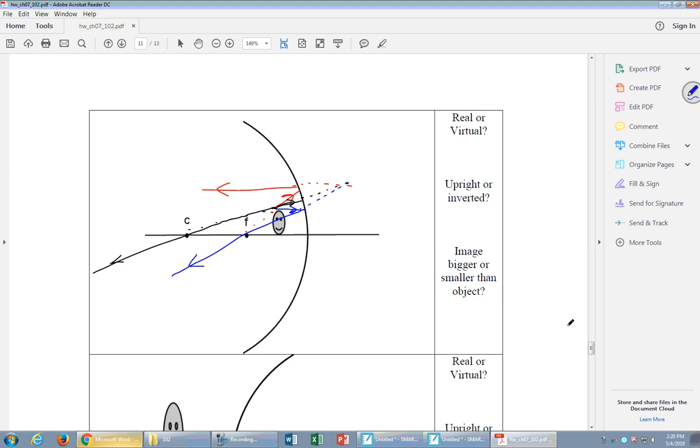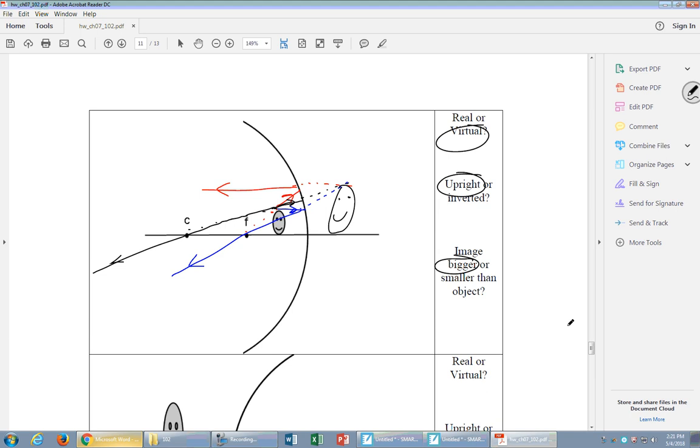And where that is, that's where my image is going to be. So my image is up here. It is a virtual image. It's upright and it's bigger. That's like our big makeup mirror. It makes you bigger, it makes you upright, and it's a virtual image.